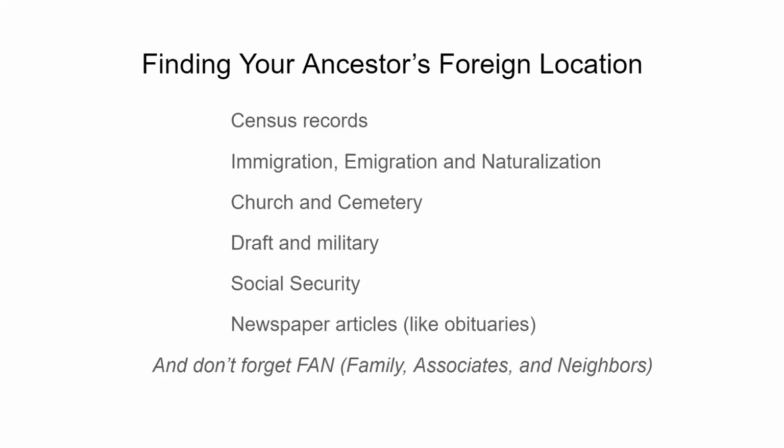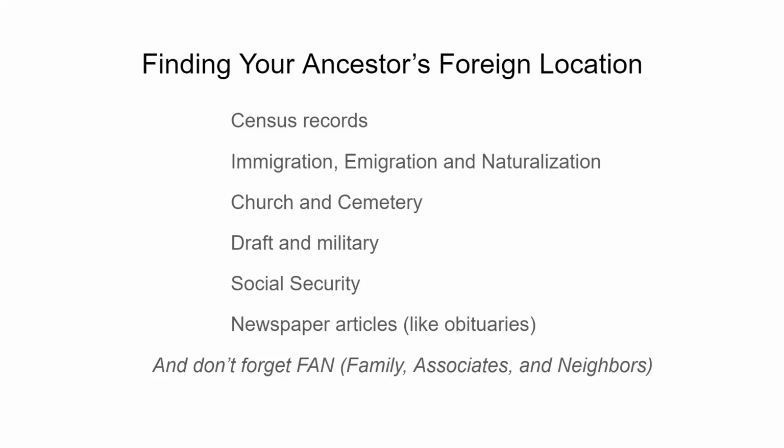Draft records often have a specific name. As a matter of fact, that's the place we first found the exact name of the town that my wife's grandmother was from, from her brother's military draft record. People who applied for Social Security, if anybody was living in the late 30s, newspaper articles.